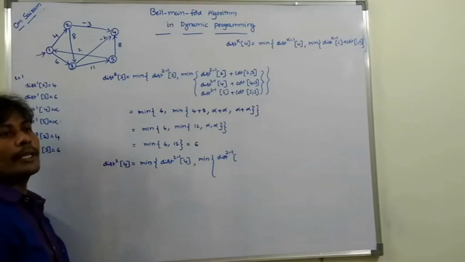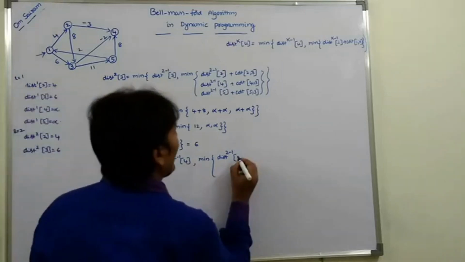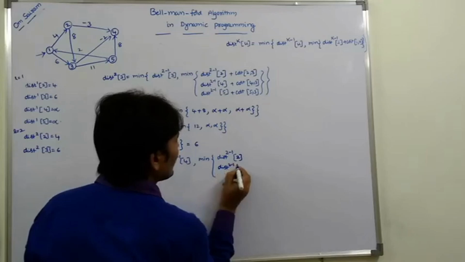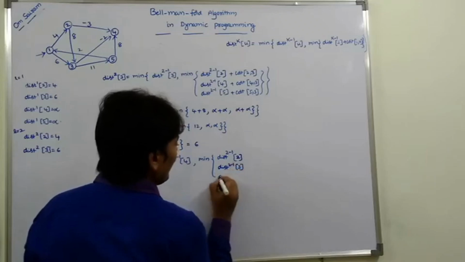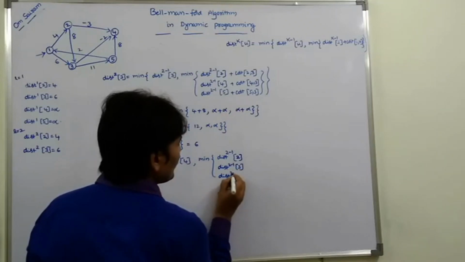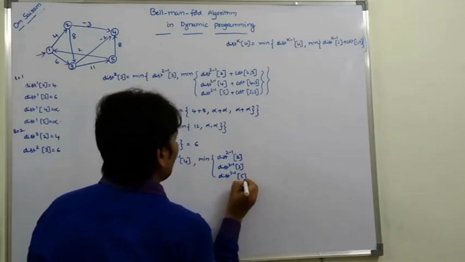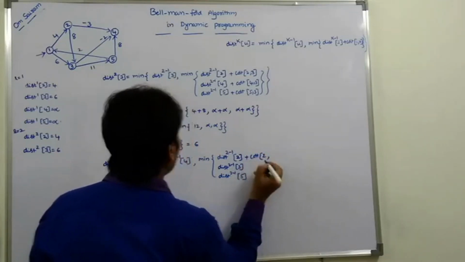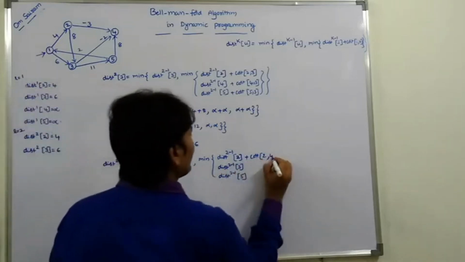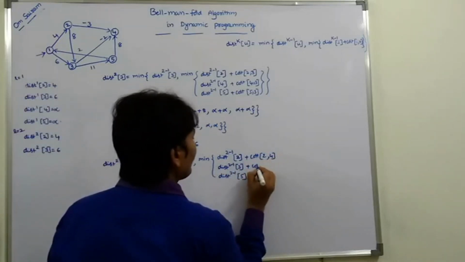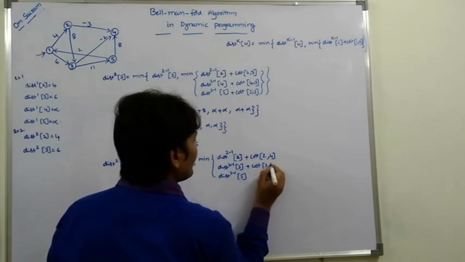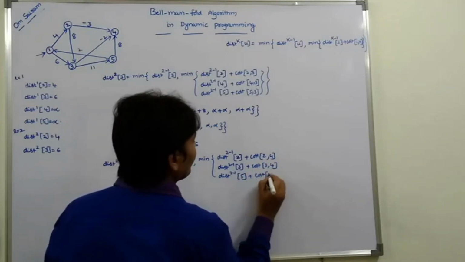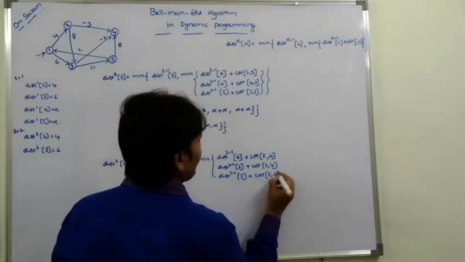What are the remaining vertices? 2, 3, 5. So I value is equal to 2, I value is equal to 3, I value is equal to 5, plus cost of I value 2, U value 4, plus cost of I value 3, U value 4, plus cost of I value 5, U value 4.